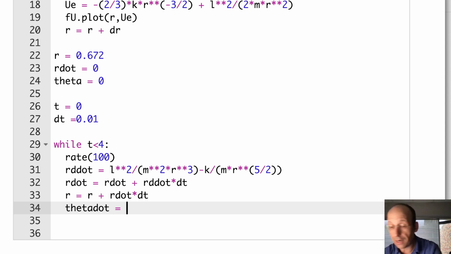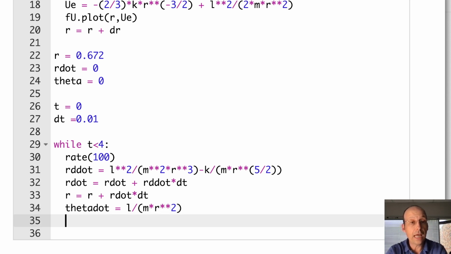So theta dot is equal to L divided by M times r squared. Now I can update theta. Theta equals theta plus theta dot times dt.